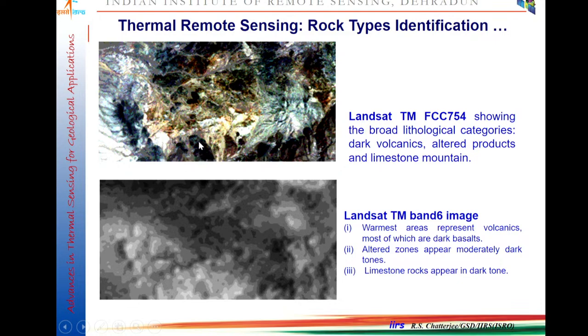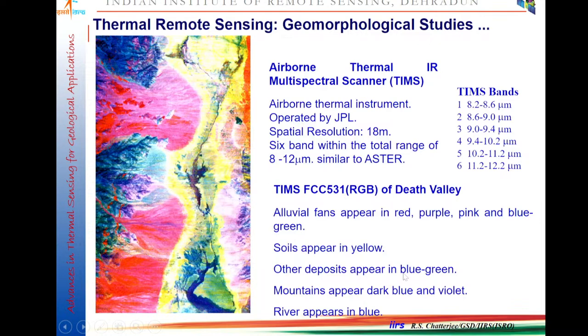On the other hand, these dark volcanics are dark in the optical image, and here you see these are all bright. So this is how it varies, and altered zones are intermediate in tone. Now see, this is the recent advancement, that thermal remote sensing is not only for temperature detection.